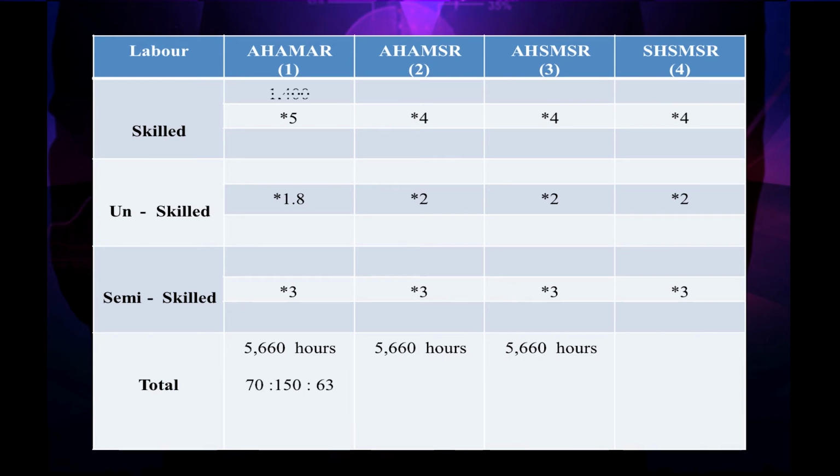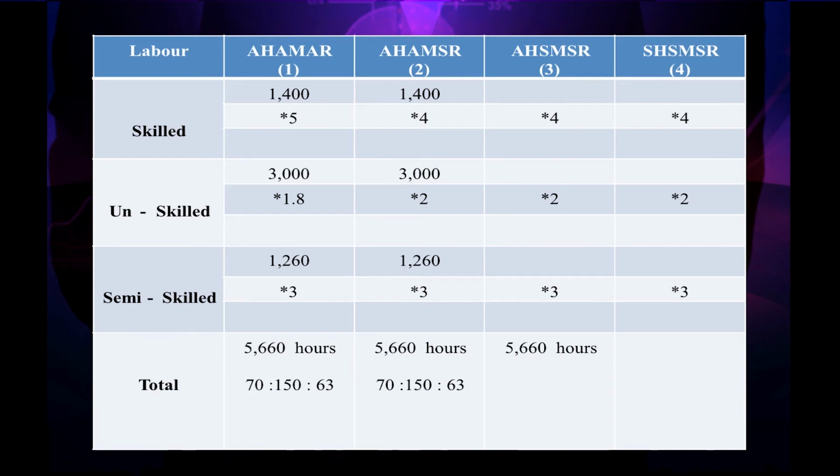So, 1400 hours for skilled, 3000 hours for unskilled, 1260 hours for semi-skilled in column 1. Similarly, the total of 5660 hours of column 2 is also divided in the actual mix: 1400 hours for skilled, 3000 hours for unskilled, 1260 hours for semi-skilled.